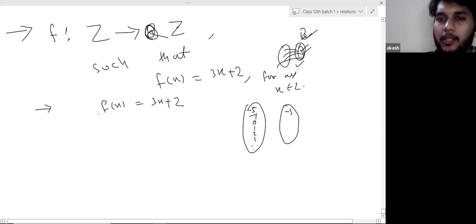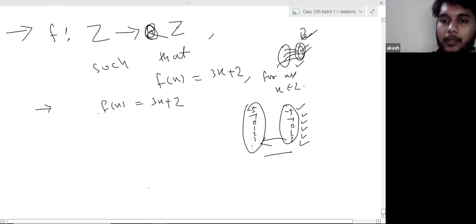In here also, -5, -4, 0, 1, 2, 3, and so on. All the elements are there. For this to be onto, we should connect all the elements of this set to at least one element in set A. Ishan, is this clear? All the elements should be connected to set A.